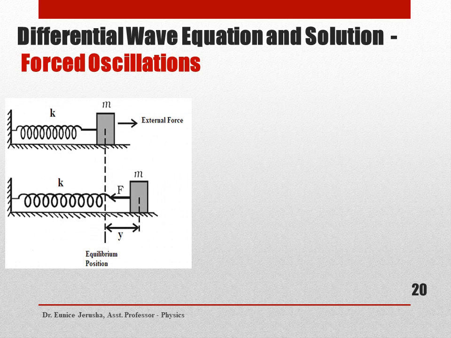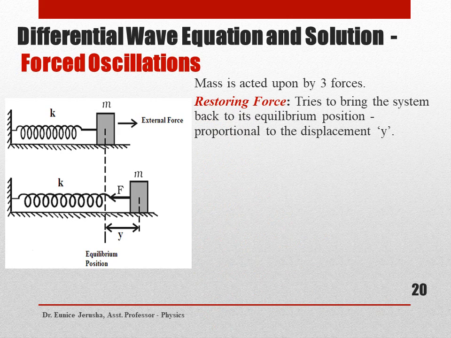Let us consider a spring which is connected to a mass m. This mass m is acted upon by three forces. The first force is the restoring force, which tries to bring the system back to its equilibrium position and is proportional to the displacement y. Therefore, the restoring force is given by Fr is equal to minus Ky, where K stands for the force constant or the spring constant.